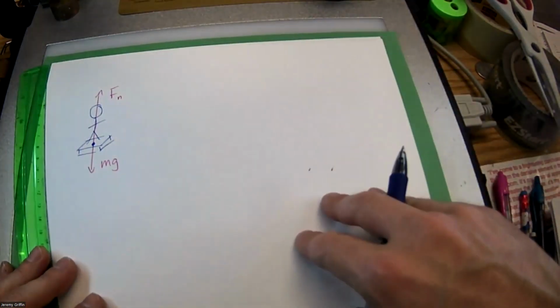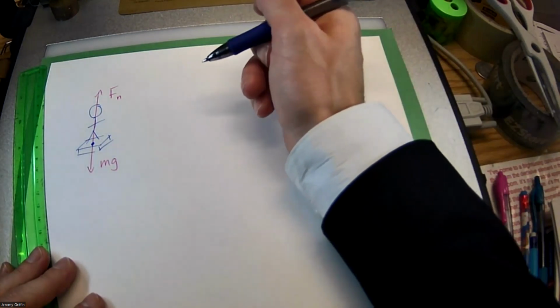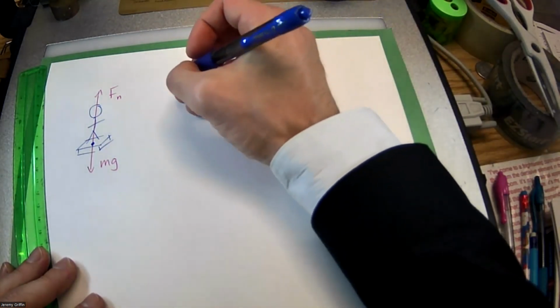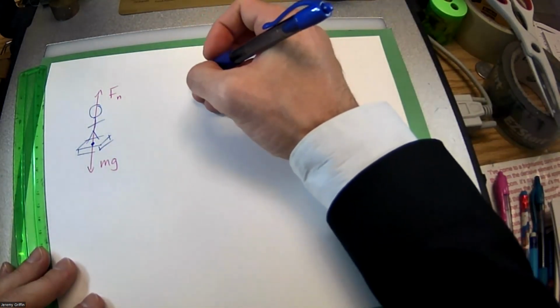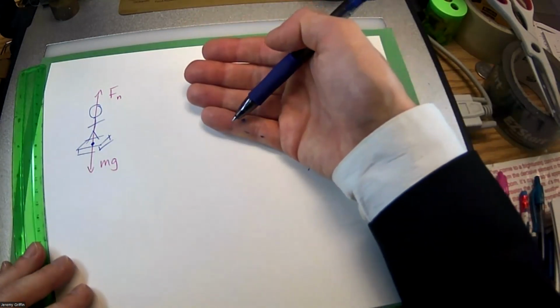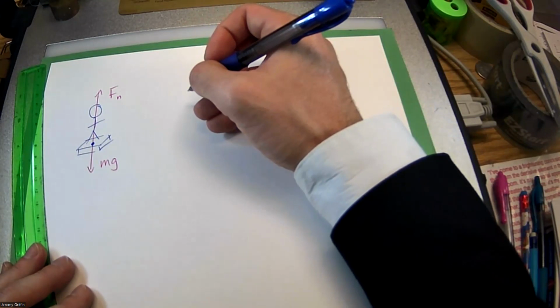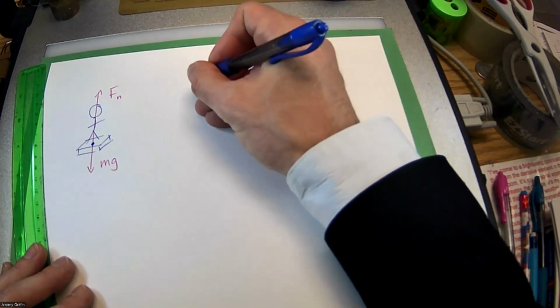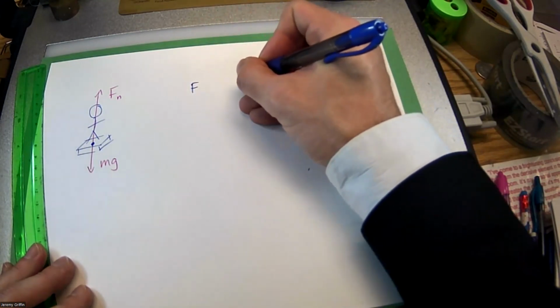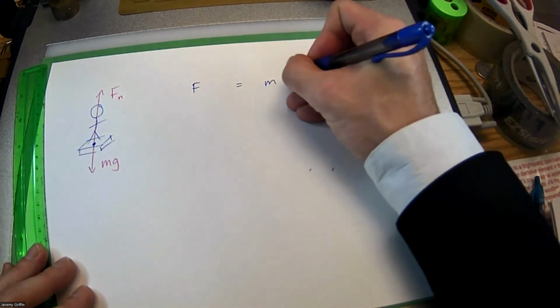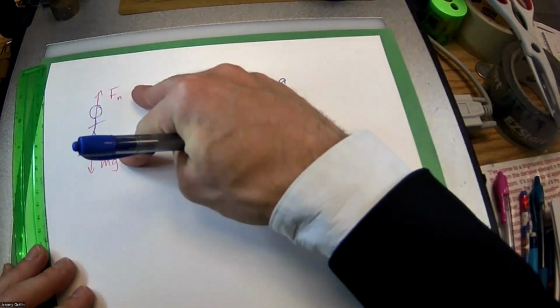What's the next thing you did? If we've got forces and accelerations involved, that sounds opportune for what? Newton's second law of motion. Now I could say F equals ma, but I've got two different forces here.